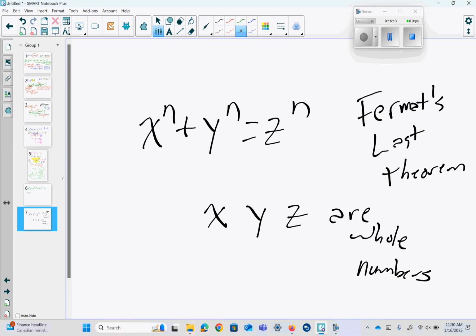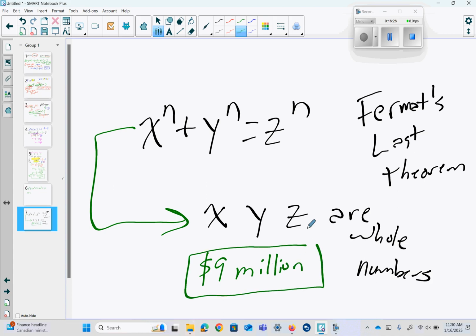And he proved how you can make this work with a quadratic formula. I believe the prize money for this was just north of $9 million if you could solve it. And there was a couple of kids at Princeton University that were PhD majors in math that solved it. And I believe it was the German government that had a $9 million reward.